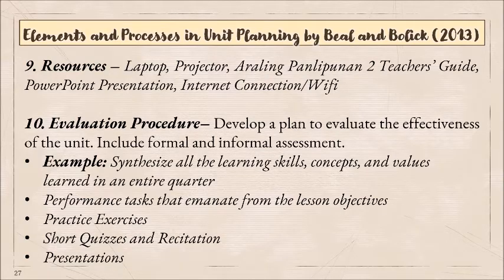You have to read the K-12 curriculum guide for social studies, and you have to choose one quarter or one unit from grade 1 to 6. And you have to come up with a unit plan by using the elements given by Bell and Bolick 2013 as a guide. Yun po, yung tinalakay kong elements and processes in unit planning by Bell and Bolick.